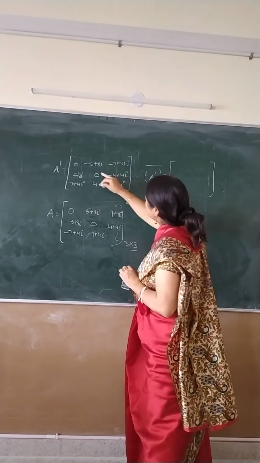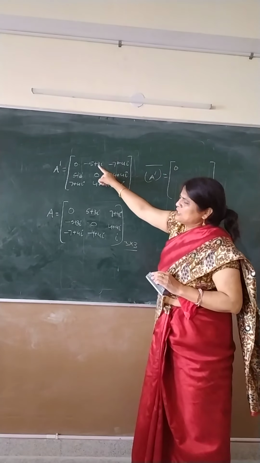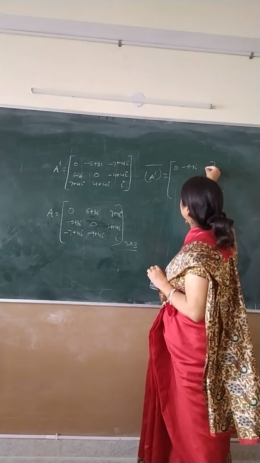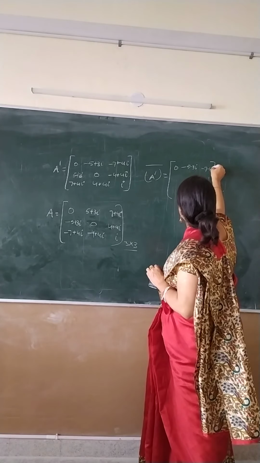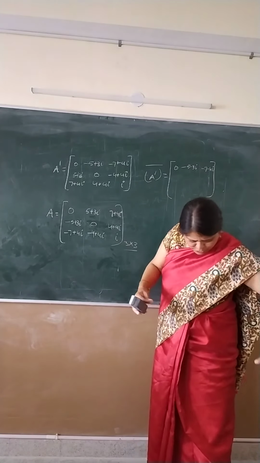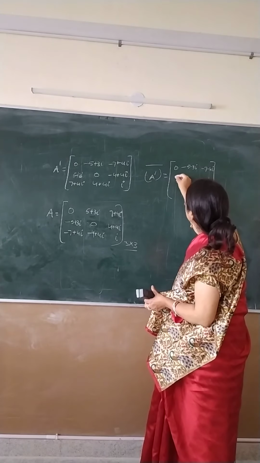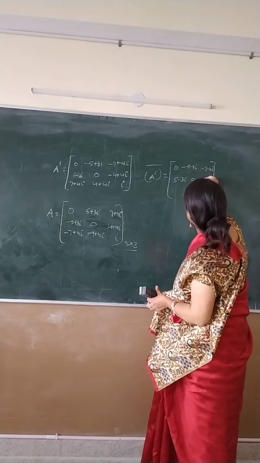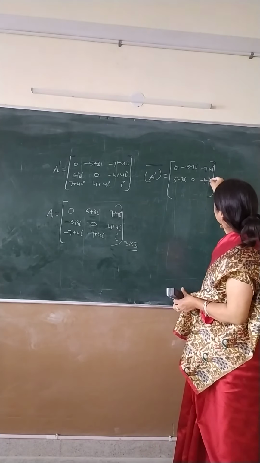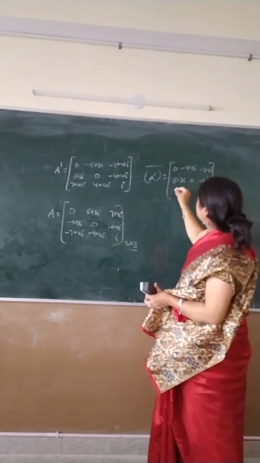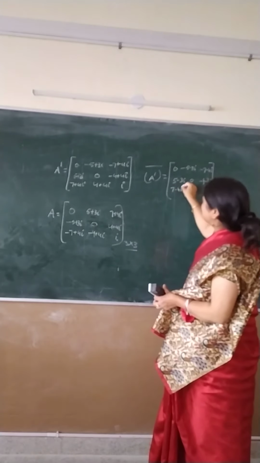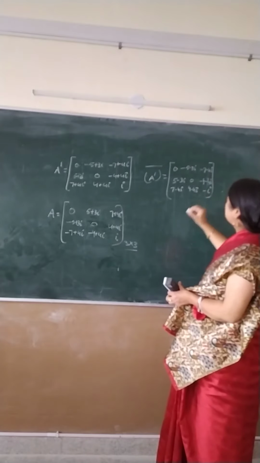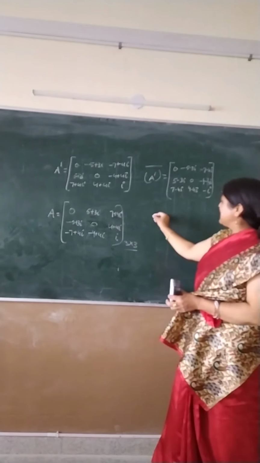Now conjugate, students, 0. The conjugate of this is minus 5 minus 3 iota, you know, minus 7, imaginary part sign changes, minus 4 iota, and 5 minus 3 iota, 0, minus 4 minus 4 iota, 7 minus 4 iota, students, 4 minus 4 iota and minus iota. Now after this you have to take negative.